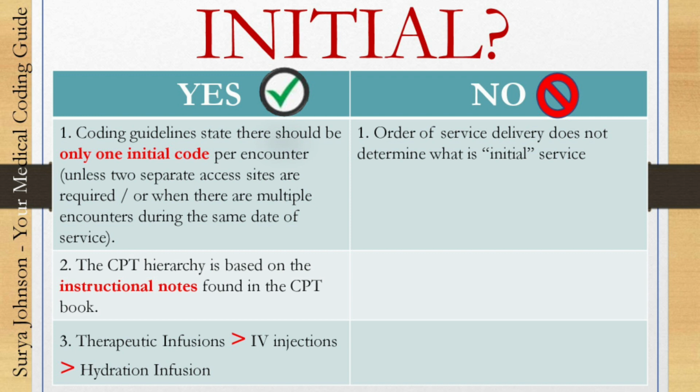The third point states that the therapeutic infusion falls first in the hierarchy, the IV injection falls second, then the hydration infusion falls third. So it is always following the hierarchy. So a big no in initial service code is order of service delivery does not determine what is the initial service. So you should not code based on the order of the drug administration.